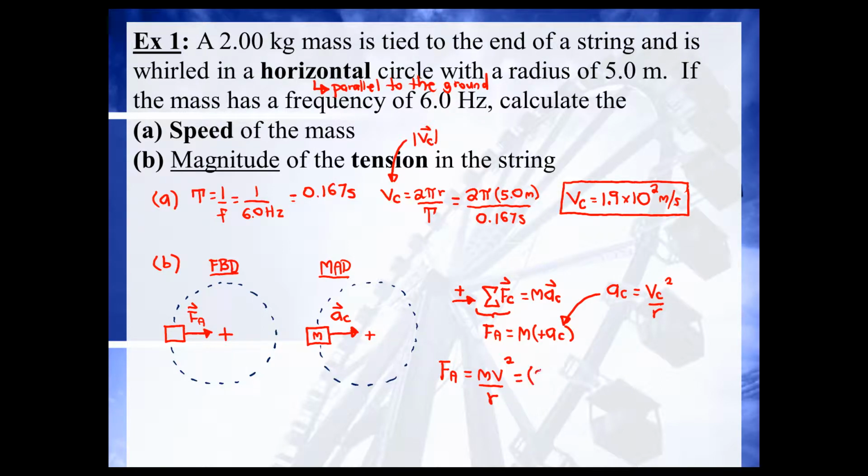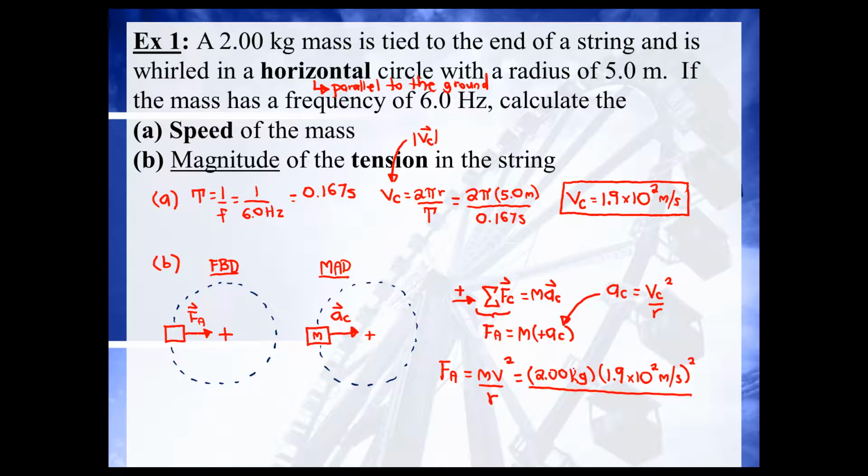So this would be 2.00 kilograms multiplied by the speed. Well, the speed we got from part A, so that was 1.9 times 10 squared meters per second, all squared.